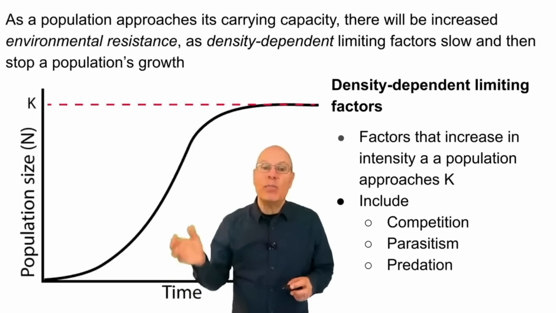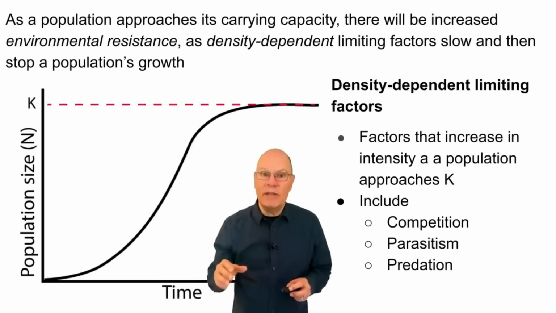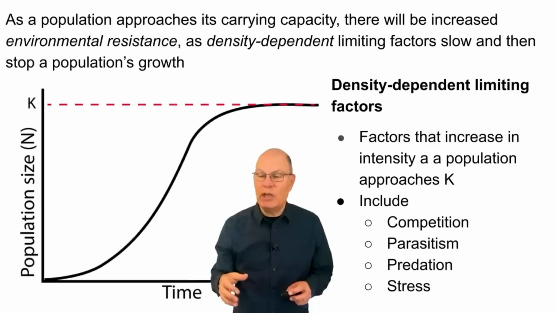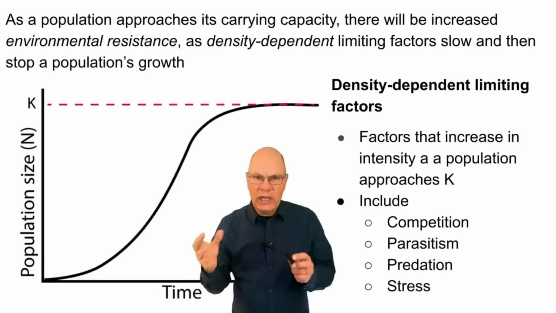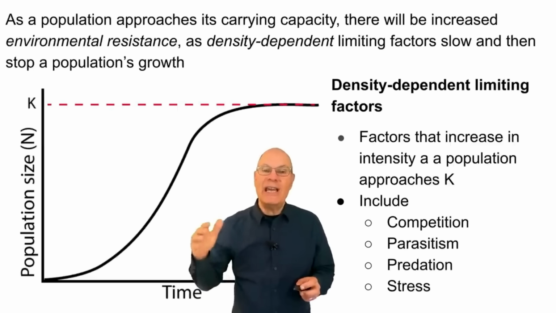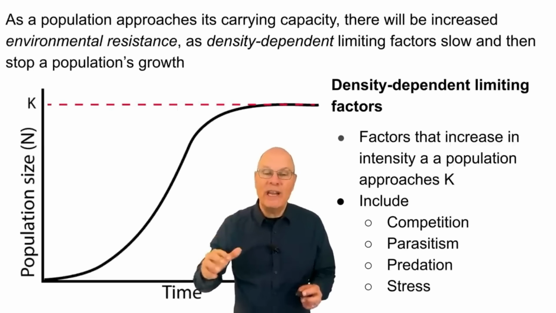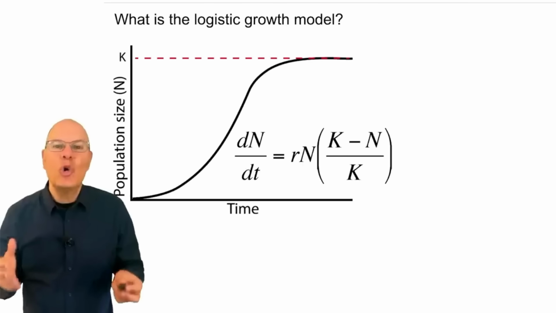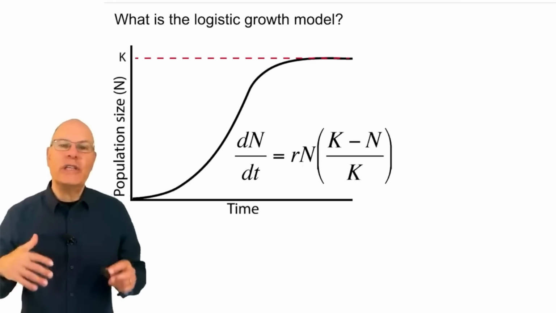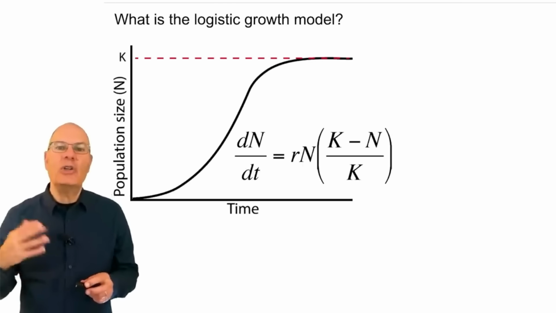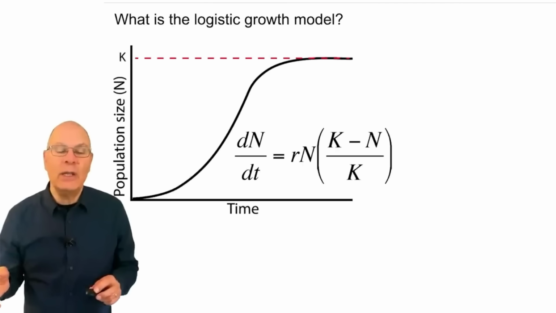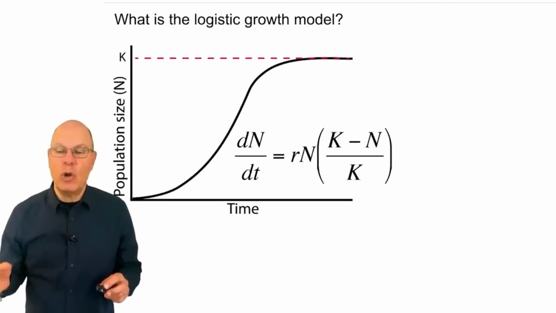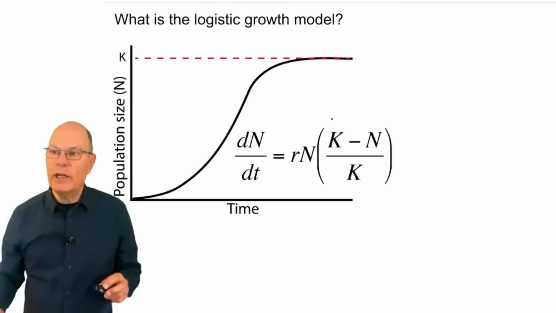It gets easier for predators to pick off members of the population as the population increases, and it becomes more stressful for the individuals in that population, and that tends to lower their rate of increase. To incorporate the effect of limiting factors and carrying capacity in our understanding of population growth, we need a more sophisticated model. That's the logistic growth model, and it's represented by this formula over here.